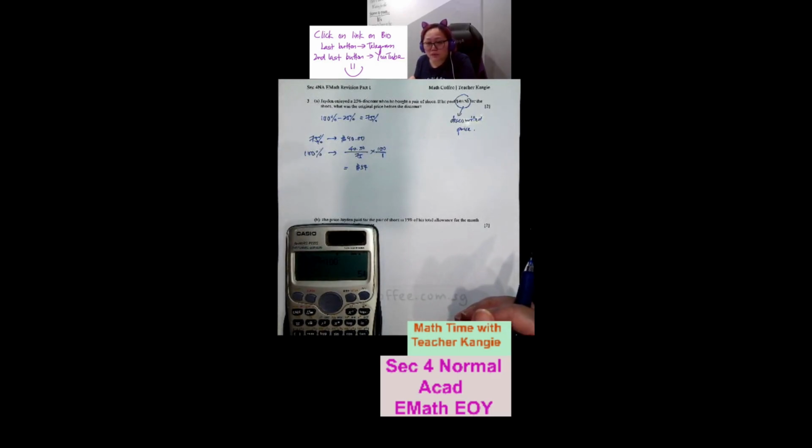This year she is doing Sec 3 A Math and Sec 4 now. No, this year I'm doing Wednesday Normal Acad EMath, so it's a mixture from Sec 1 to Sec 4. Then for Sunday, we are doing A Math for Express from Sec 3 and Sec 4. Mixture lah. I'll be doing papers, so the topics will be a mixture.